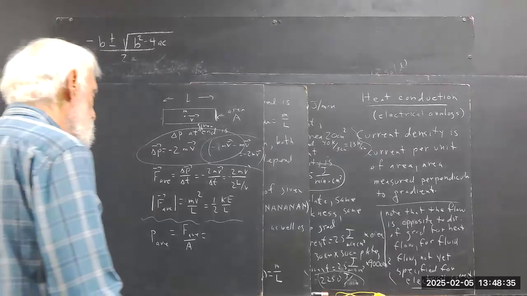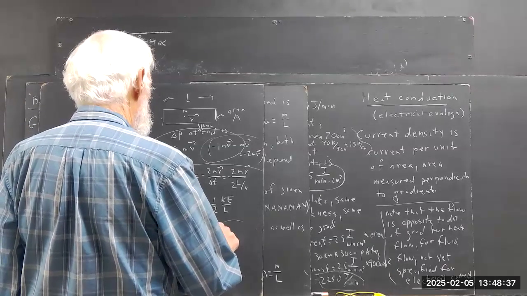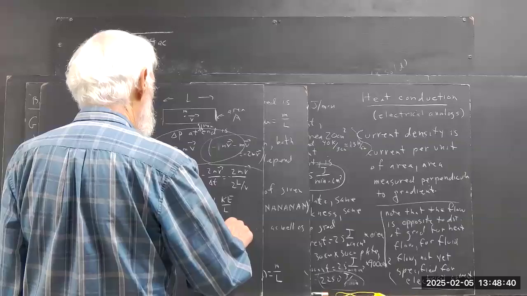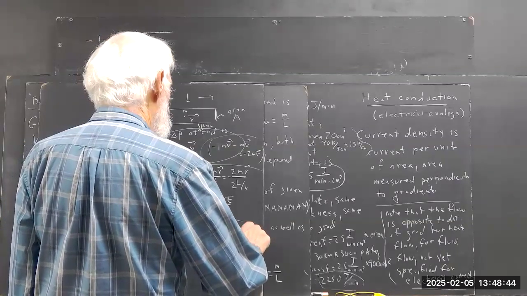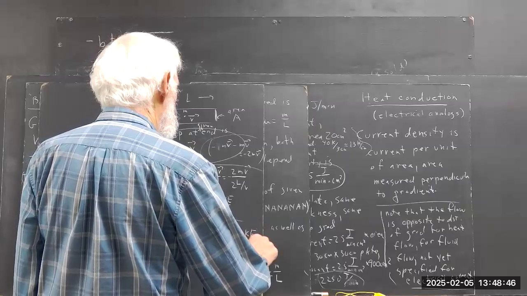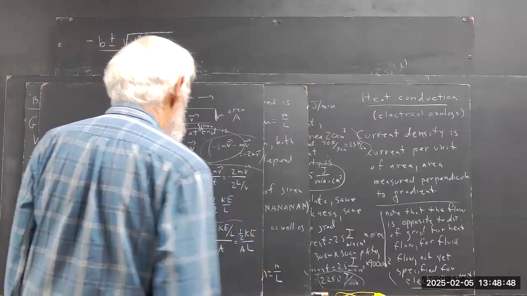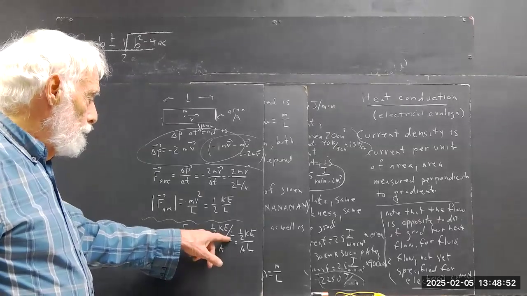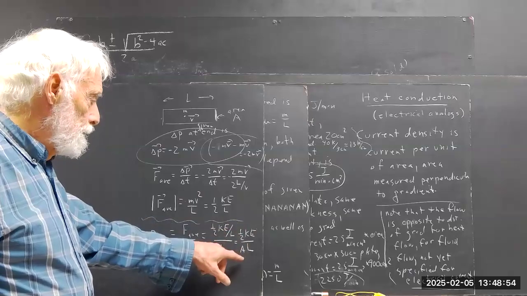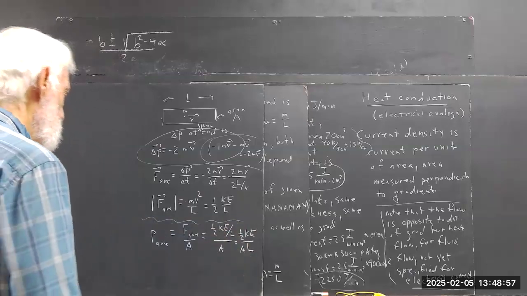And that equals the kinetic energy over L divided by A, which is kinetic energy divided by AL.